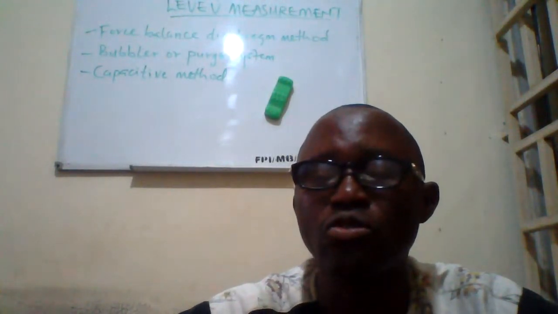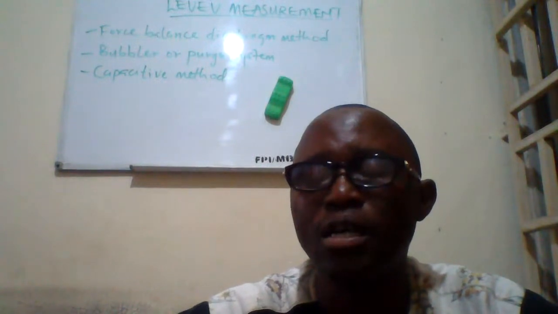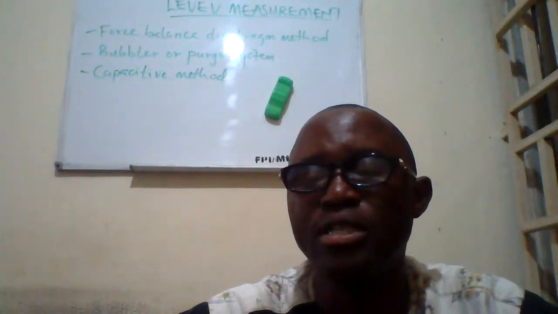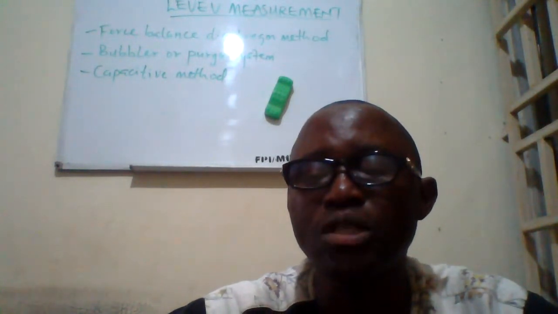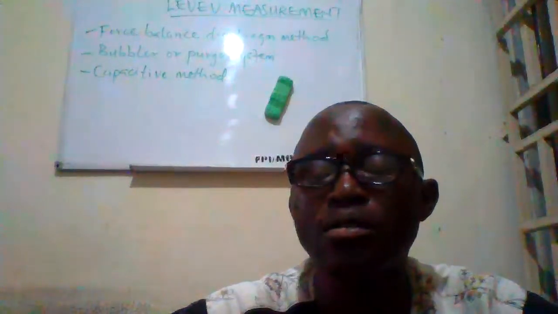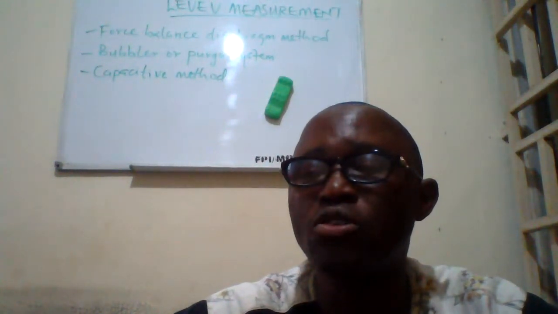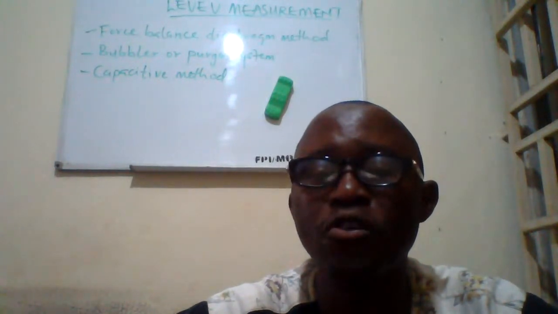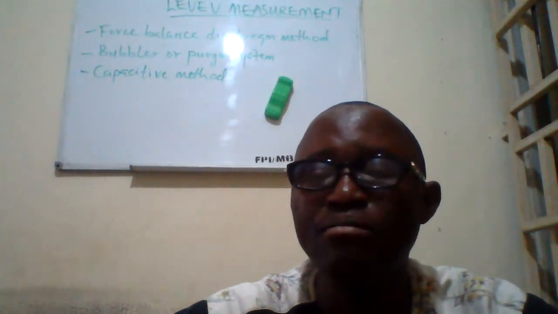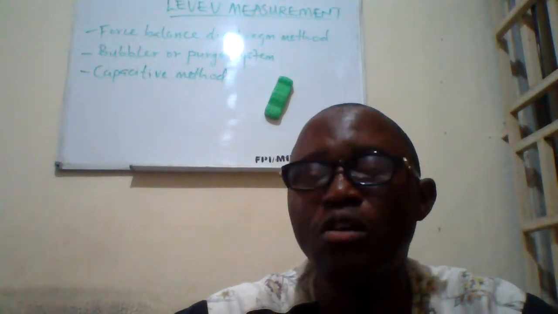The high cost of construction serves as the disadvantage or demerit of the system. So that is how the differential pressure method of measurement, the force balance diaphragm method, works.